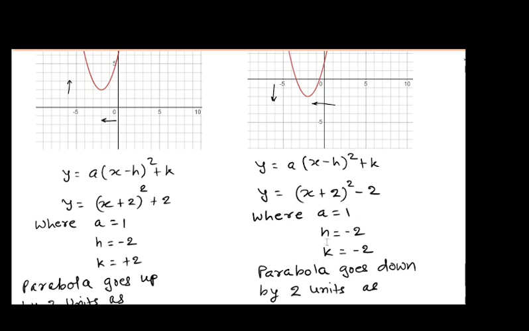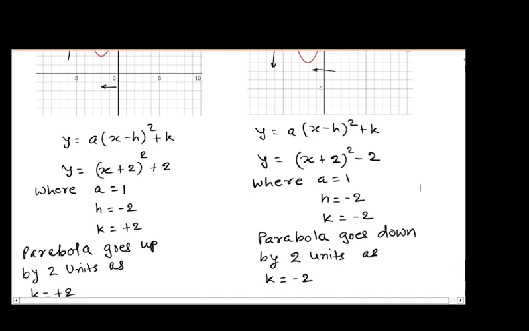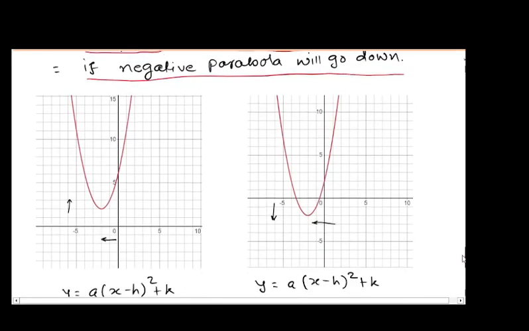So in this case, because of the h value, parabola moves from 0 to 2 units to the left, and because k value is negative, it moves down by 2 units, and the vertex point comes over here. So my vertex point over here will be minus 2, minus 2. Correct? So the parabola moves 2 units down because k value is negative 2 over here. Here it moves up because k value is positive 2.